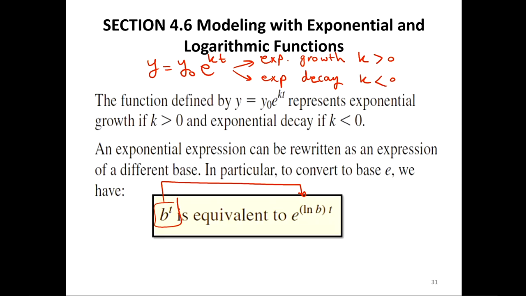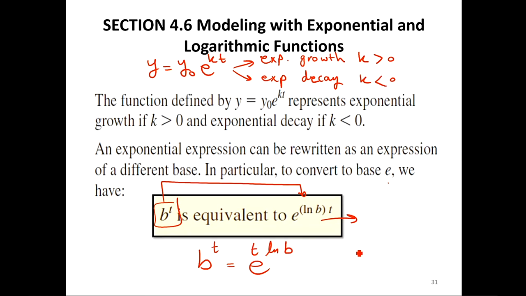We can put t as the exponent and remove ln with e, then we have b to the power t. So b to the power t we can write like this: e to the power t multiplied by ln b.